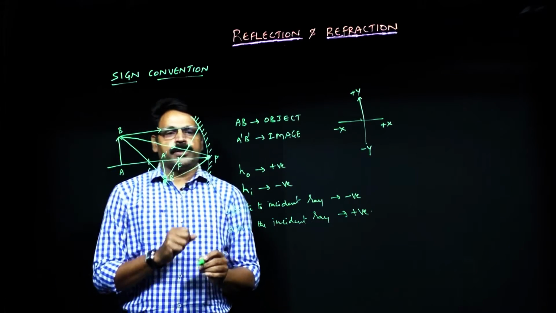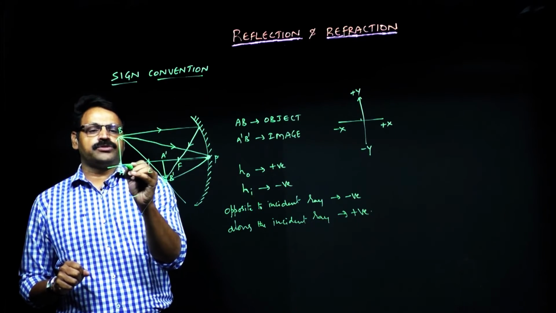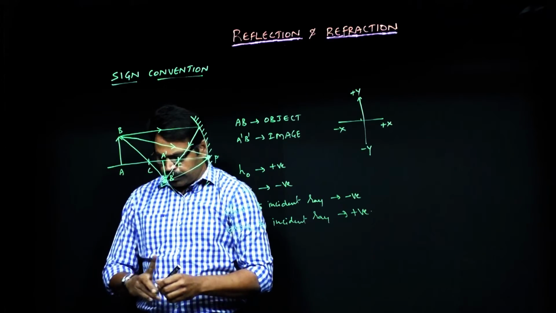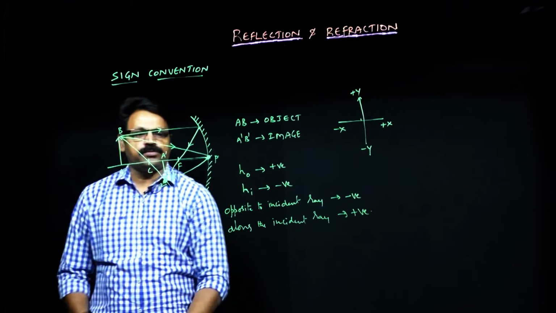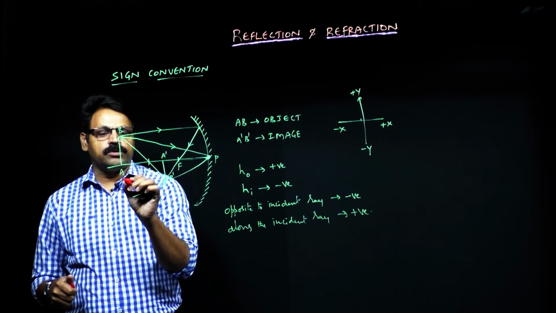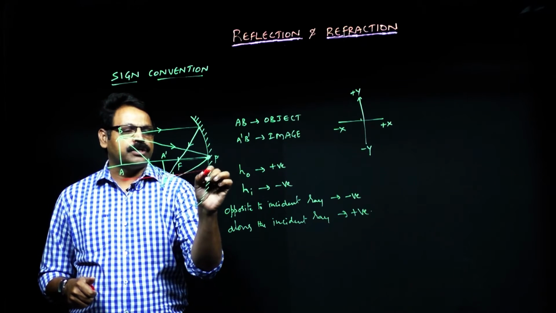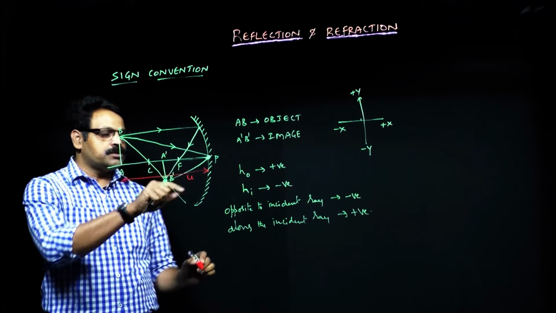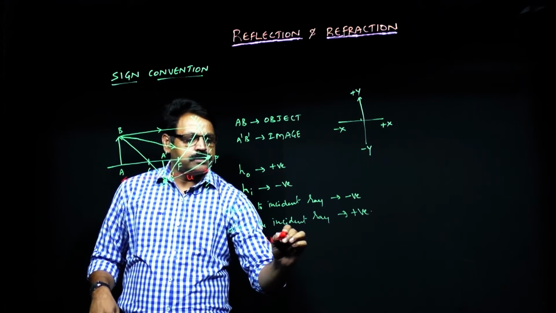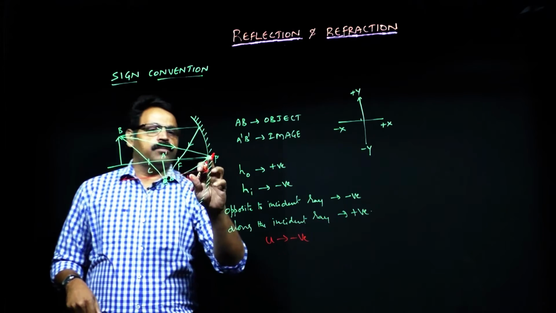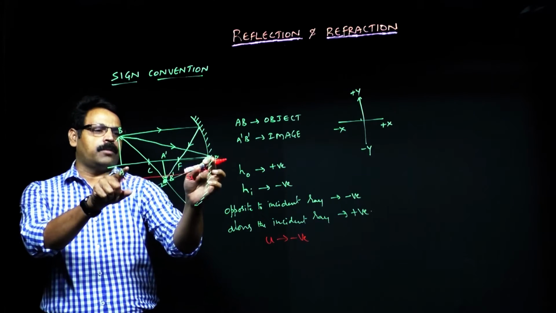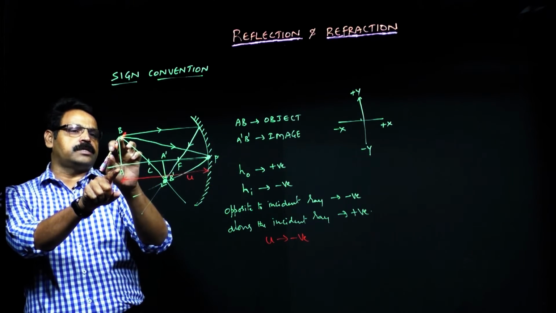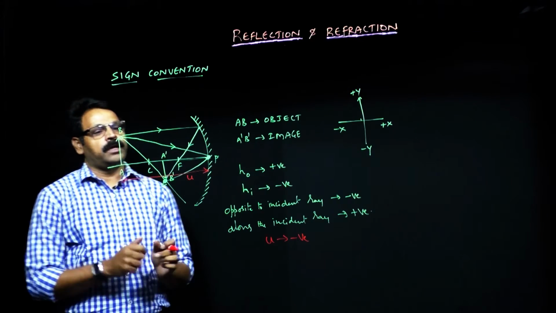From this example, generally the object is placed over here, and the distance from the object to the pole is denoted by u. This is the standard notation. So from here to here it is going to be u. Now here u is going to be negative, because I am measuring from the pole to here, whereas the ray is coming from here to here.